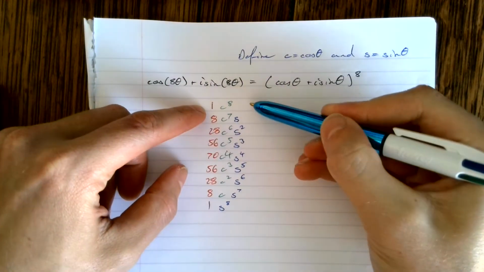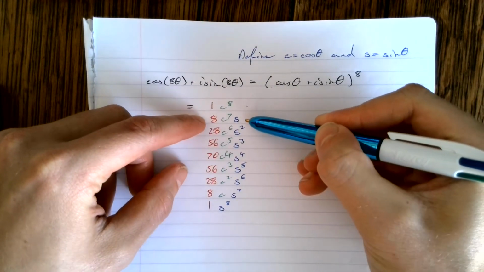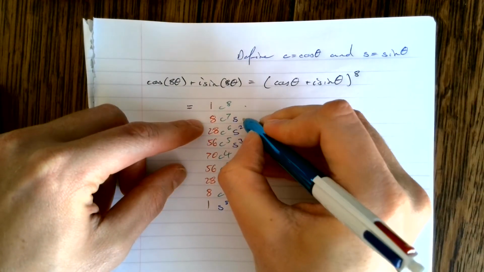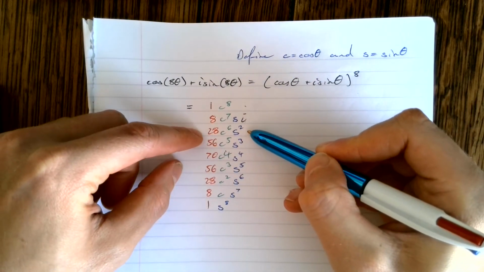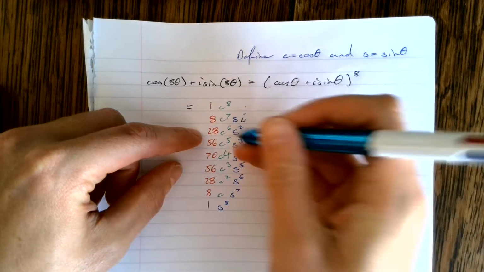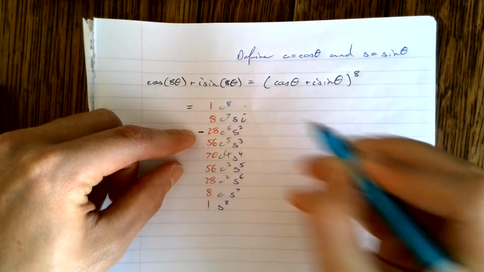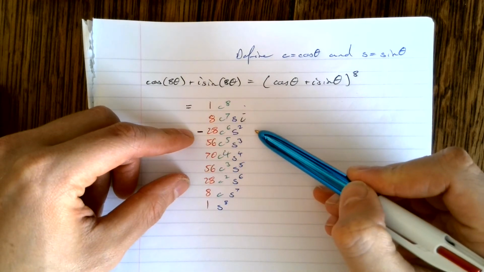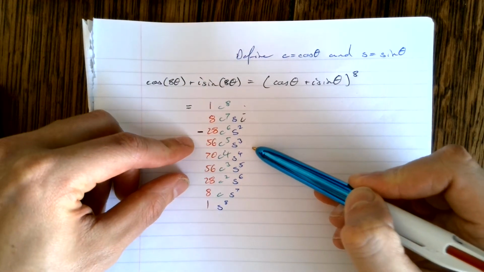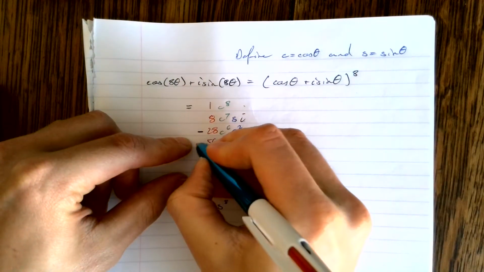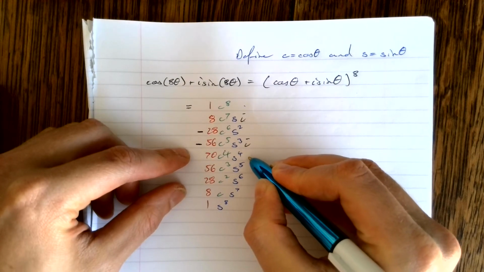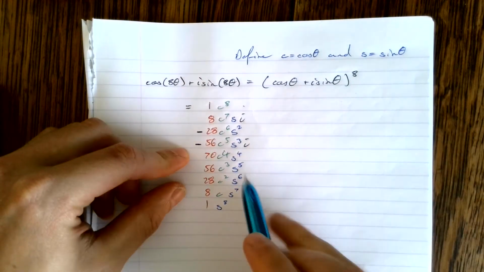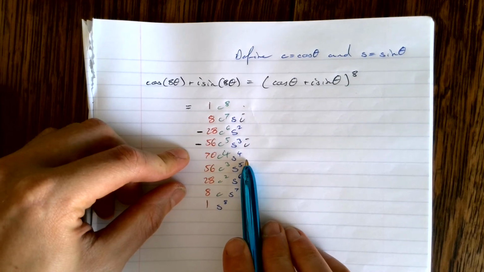So this one doesn't have an i in it. This one just has i. This one has i squared. But I know that i squared is -1, so I'm just going to whack that negative there. i cubed is negative i. i to the power of 4 is just 1 again, so it's not there.